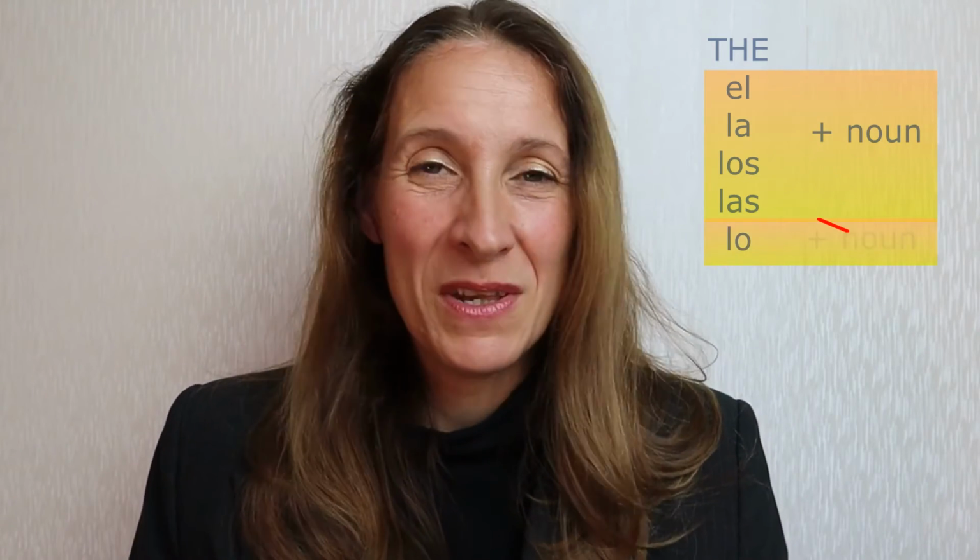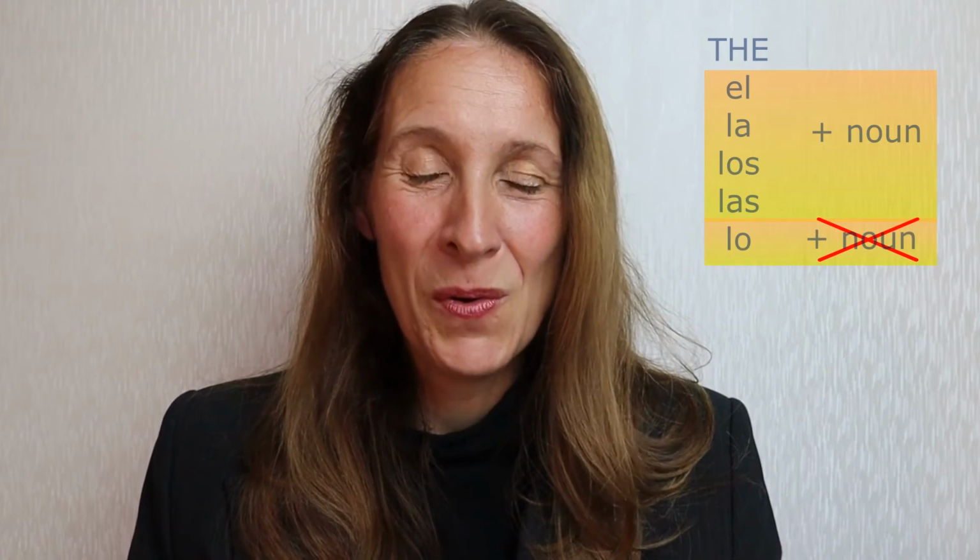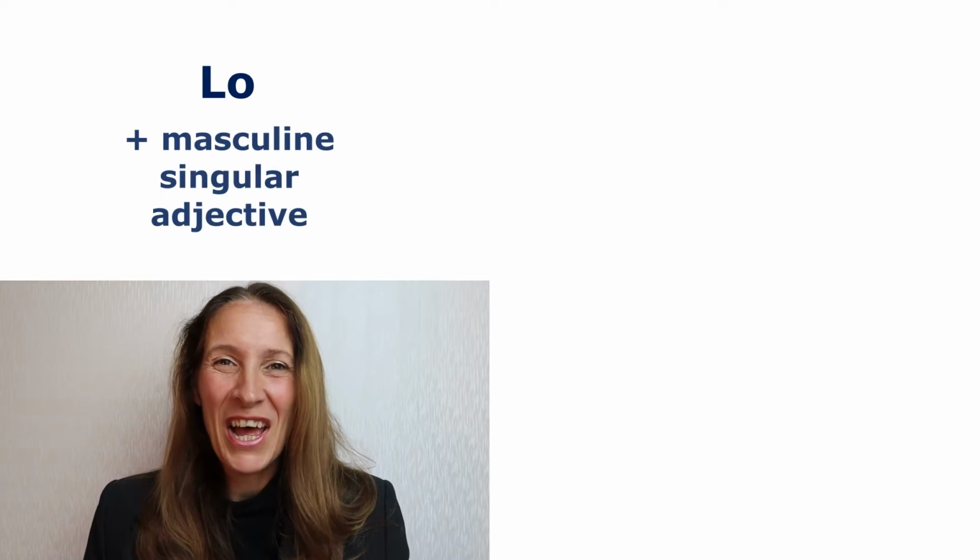We associate lo with the other words for the, which are el, la, los, and las. Pero usamos el, la, los, and las with a noun, and we don't use lo with a noun. We use lo típicamente with an adjective, a masculine singular adjective.